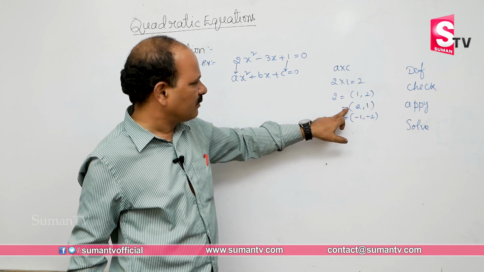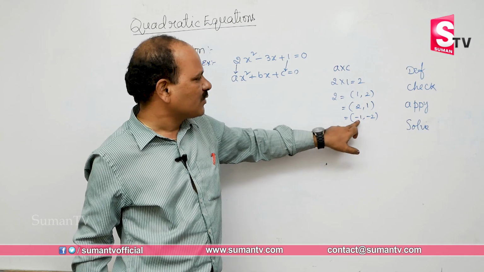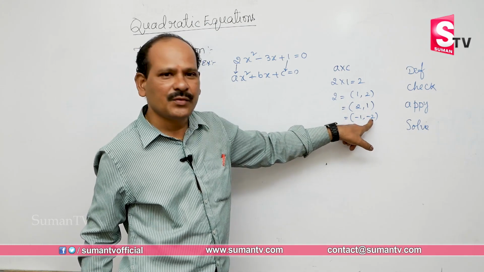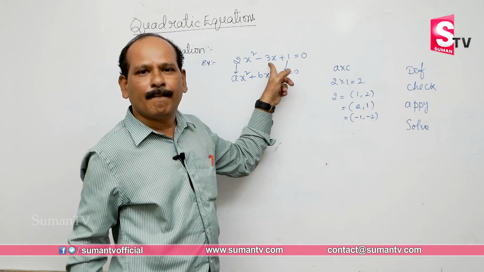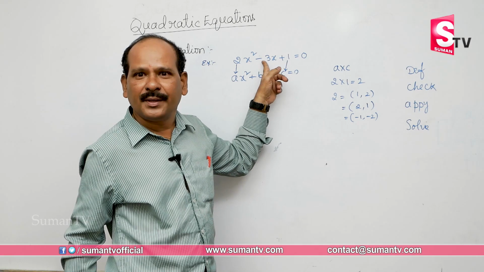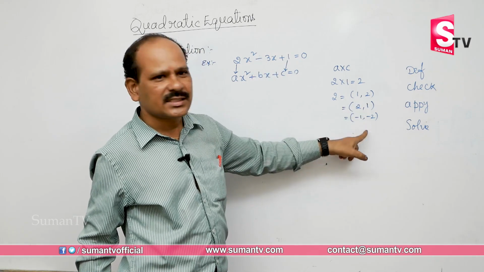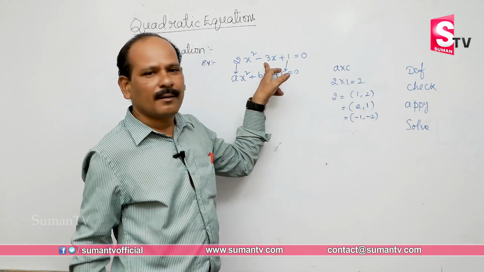Next, take 2 comma 1, and also minus 1 comma minus 2. Minus 1 into minus 2 is 2, and minus 1 minus 2, if you add them, gives minus 3. The middle term, whatever you have, should come from taking one of these factors. This one is suitable for the middle term.